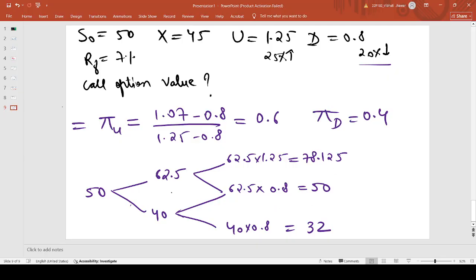So this is the two-period binomial tree. This is at time 0, this is at time 1, and these prices are at time 2.